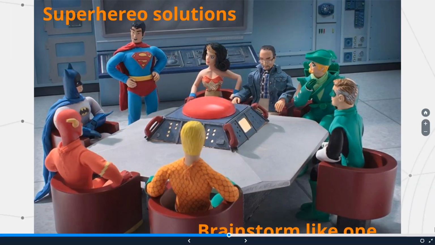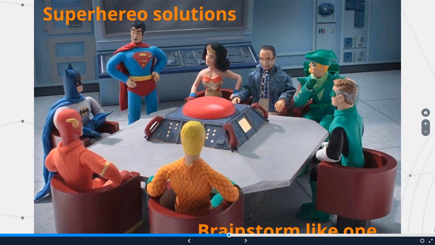Sometimes, let's say we don't find solutions for each function, we can think like a superhero. One of the exercises we can do is to say, for example, I'm gonna be Spider-Man. How would Spider-Man solve the problem of the clock? Well, maybe Spider-Man will go to your bed and just throw you some spider webs.